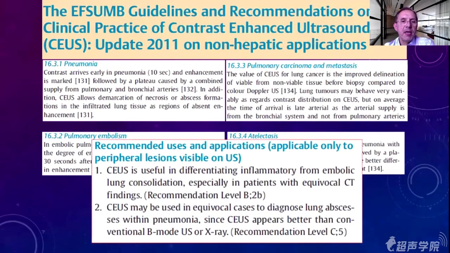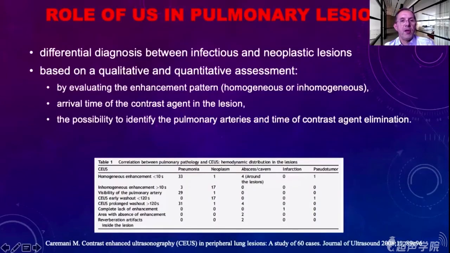In that guideline, it was stated that CEUS is useful in differentiating inflammatory from embolic lung consolidation, especially in patients with equivocal CT findings, and it may be used to diagnose lung abscesses and pneumonia, since CEUS appears better than conventional B-mode ultrasound.